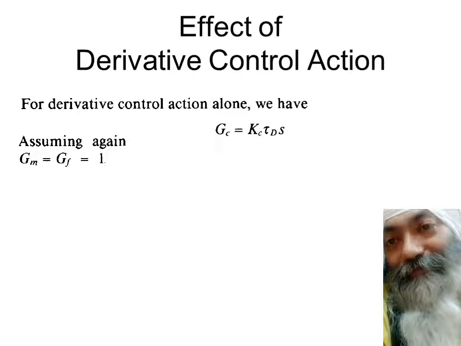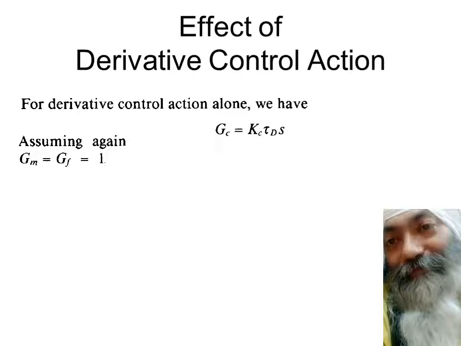And for that, my dear friends, we will again have a derivative control action alone. In that case, the transfer function of the controller is given by Kc tau d into s. This Kc is constant, the gain is always there. It's the same Kc which we used in the proportional, the same Kc upon tau I which we used in integral.